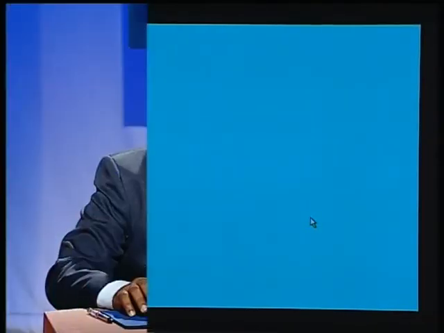Now we're going to consider decreasing functions. So a function would be defined as decreasing if, once the graph of the function is drawn, we see that the graph is falling.